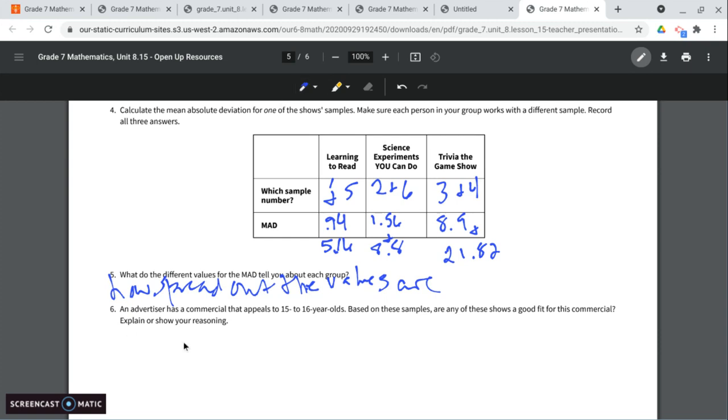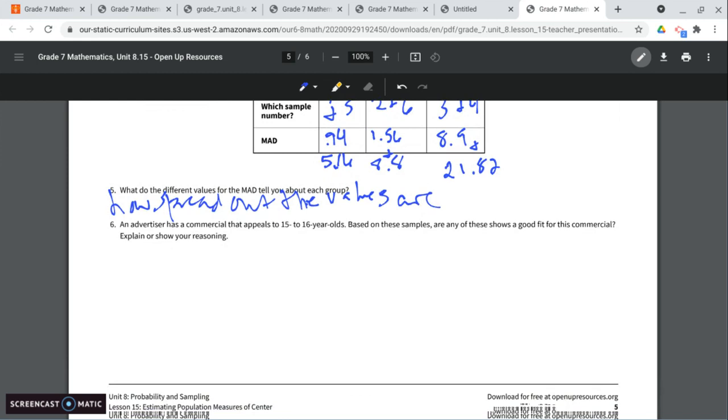For 6, an advertiser has a commercial that appeals to 15 to 16-year-olds. Based on these samples, are any of these shows a good fit for this commercial? It might work best with Science Experiments You Can Do, but since the average age is about 12 years old, there may not be many 15 or 16-year-olds watching this show.